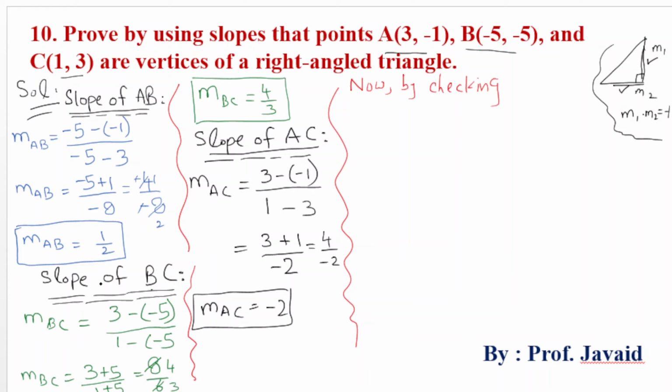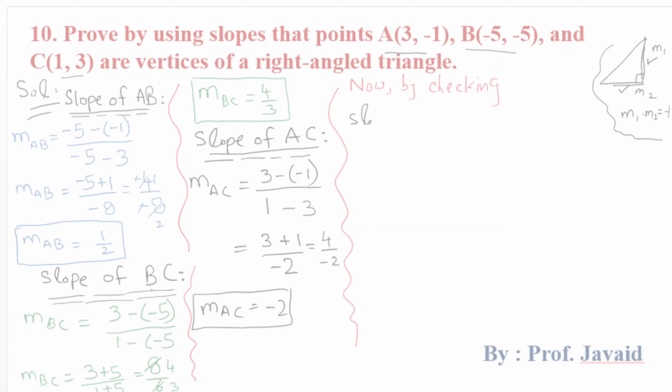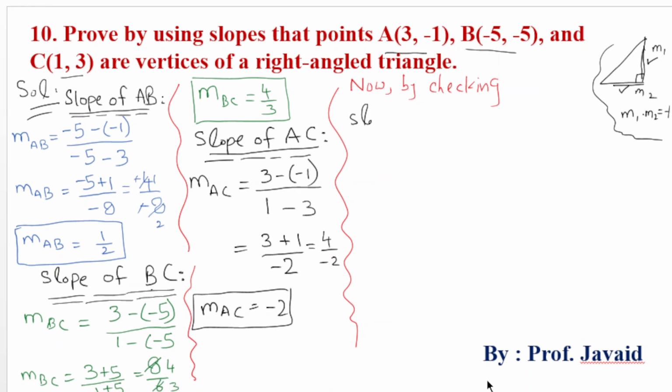So by checking, first we check the slope of AB and the slope of AC.